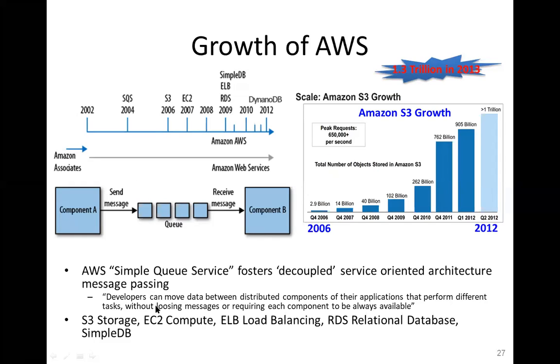Developers can move data between the distributed components of their application, moving data between distributed components that perform different tasks without losing messages or requiring each component to be always available. So whether their components are available or not, even then through Amazon Web Services, you can send the data. This is a graph from 2006 to 2012. Now 2020 is going on.